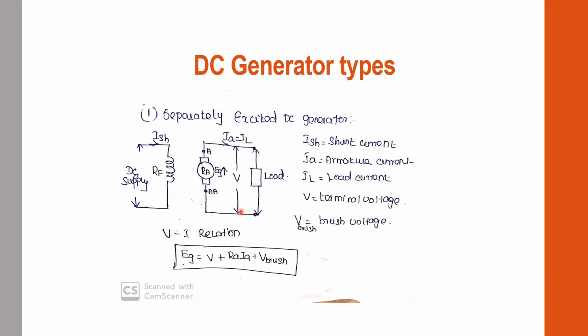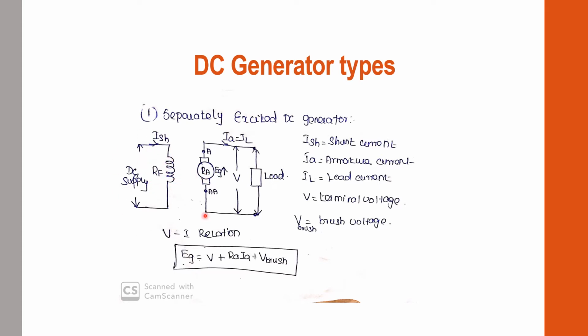In all these DC generator types we are going to see the voltage current relationship. First we have to apply KVL to this loop. By applying KVL, we are going to find out the EMF induced across the armature through the field winding, which is separately excited.